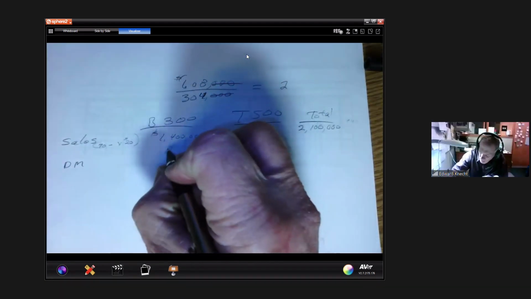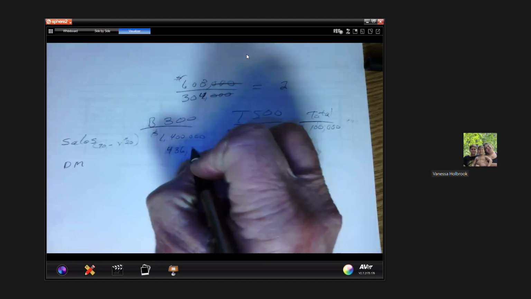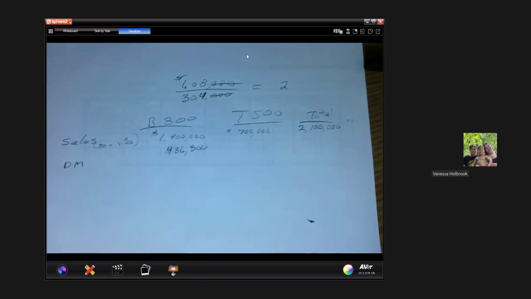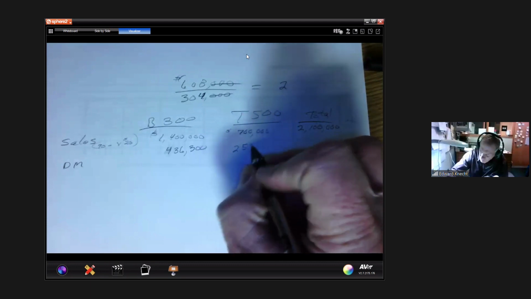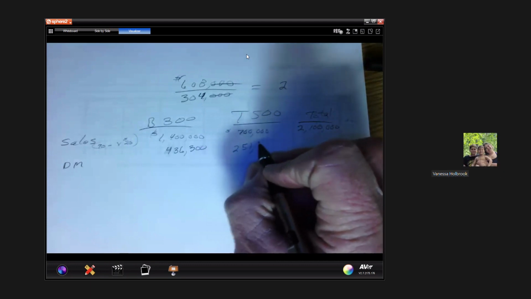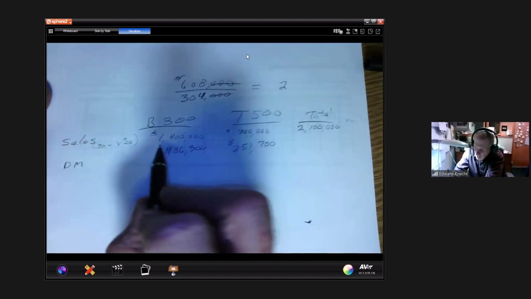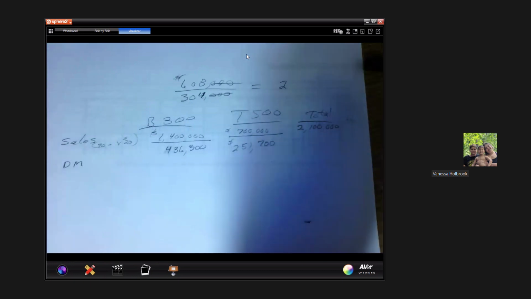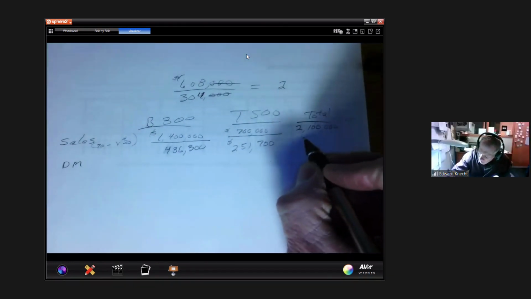And for T500, was it like 200? 251,700. Okay. So our total of direct materials is 688,000.